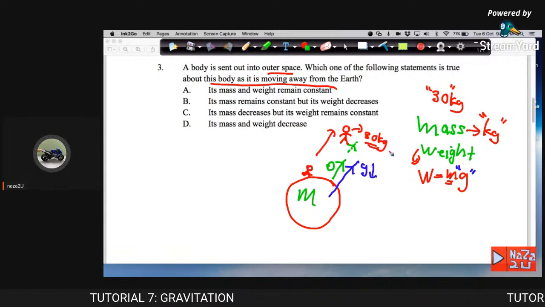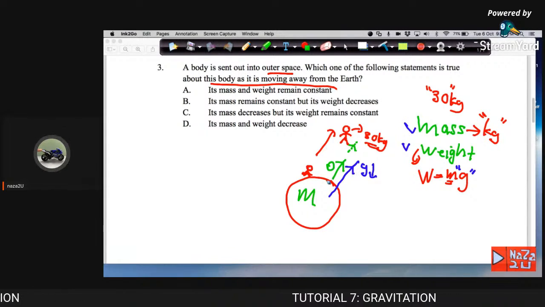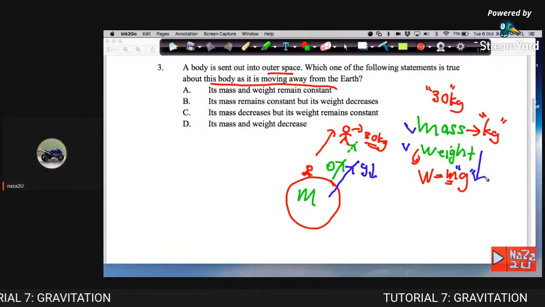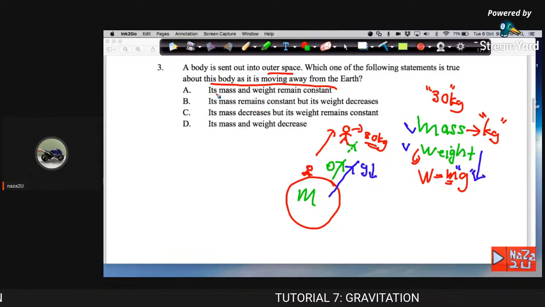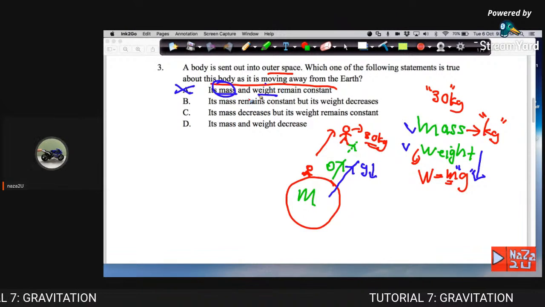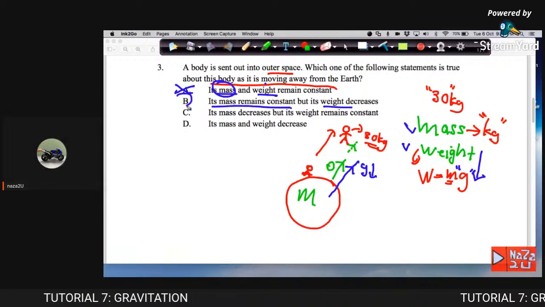So maksudnya kat sini, mass constant, weight itu berubah. And dia bergerak menjauhi bumi, so meaning the weight is decrease. Right? So if look at the answer, mass and weight remain constant, so salah lah. Okay, hanya mass saja yang constant. Weight tidak. Number B, its mass remain constant but the weight decrease. Yes, the answer is 3B.